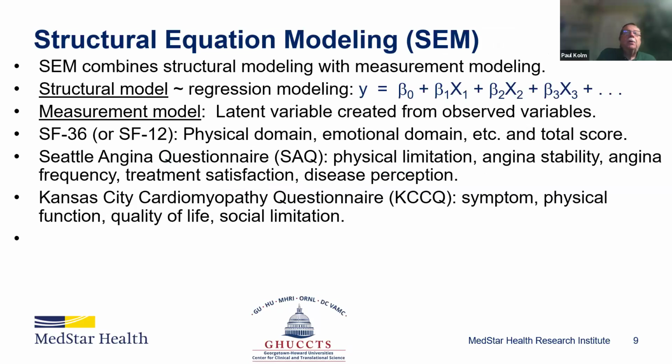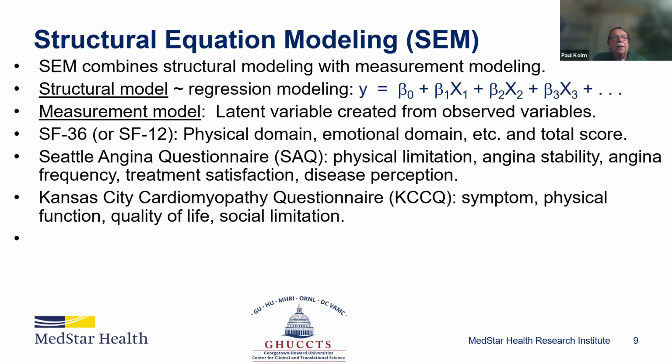And so in structural equation modeling, what we do is we're going to combine structural modeling, which we just looked at with the path analysis, with measurement modeling. And so the structural part is just the regression modeling that we've looked at.